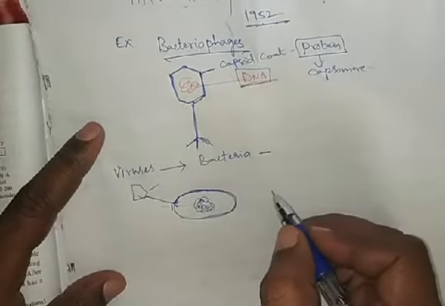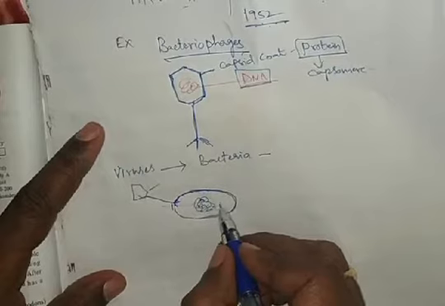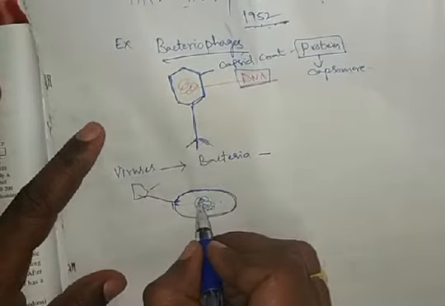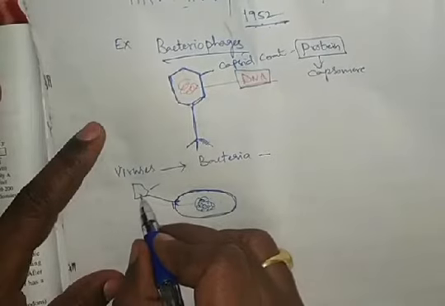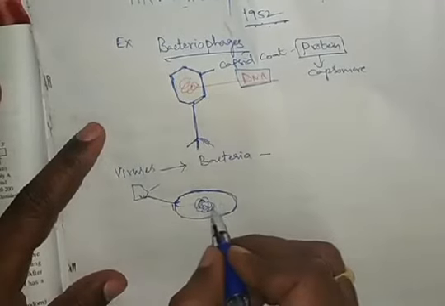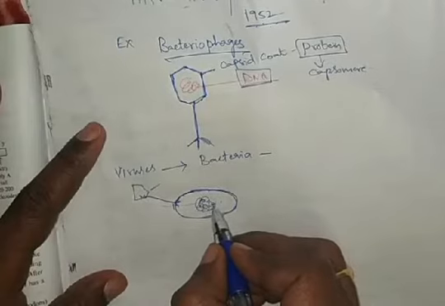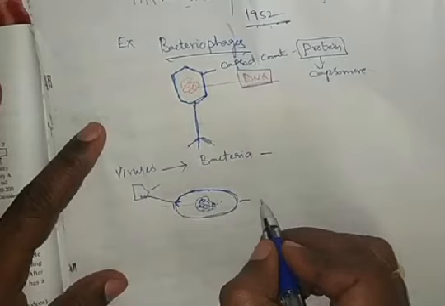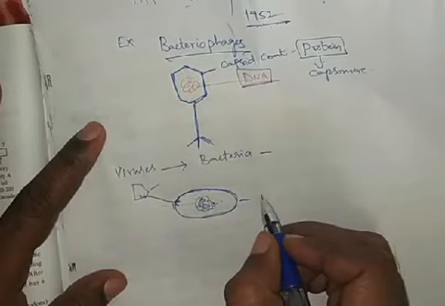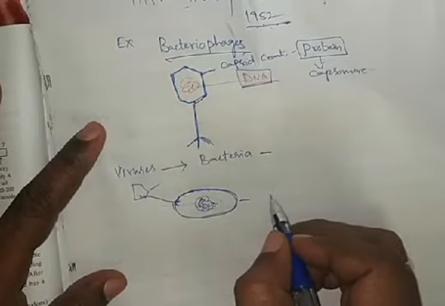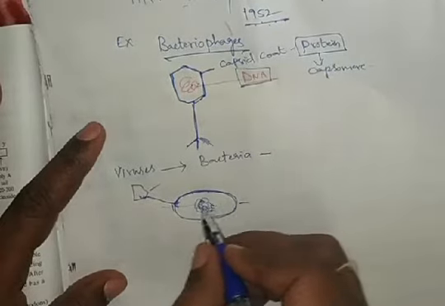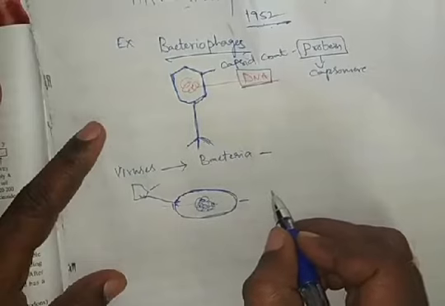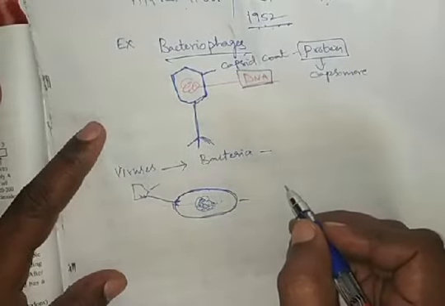The bacterium thinks that the injected genetic material is its own, so it multiplies and forms many viral genetic materials. Then the cell bursts and releases the viral particles, forming many bacteriophages.